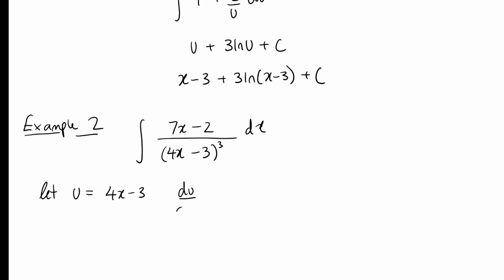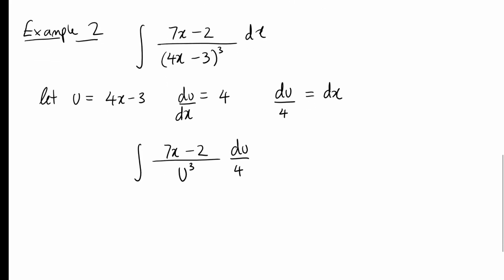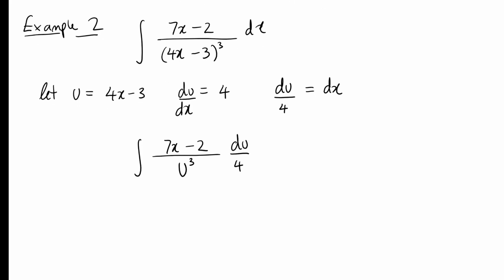We know from the last problem that we're going to have to find du/dx, so we should find that right away. Therefore du over 4 is equal to dx, and then we can update the integral. 7x minus 2 over u cubed multiplied by du over 4. Just before replacing x, we'll take the 4 on the bottom out of the integral so that the integrand is as simple as possible.